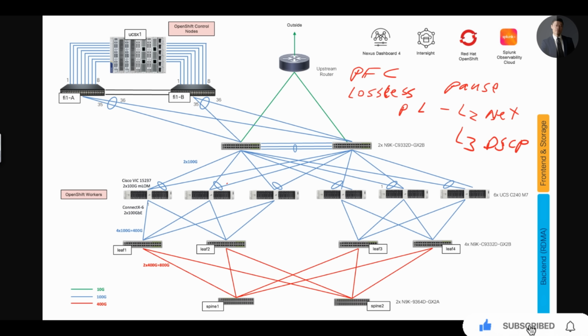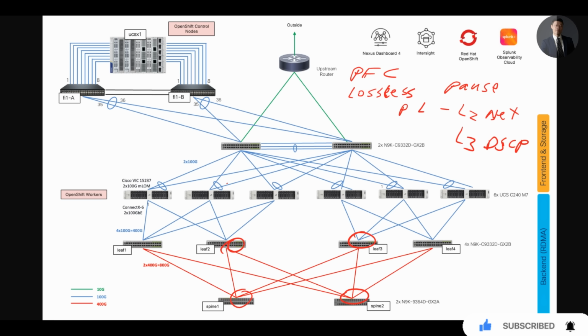The PFC sends pause frames hop by hop from the point of congestion back to the source, which can take time but effectively prevents packet drop.